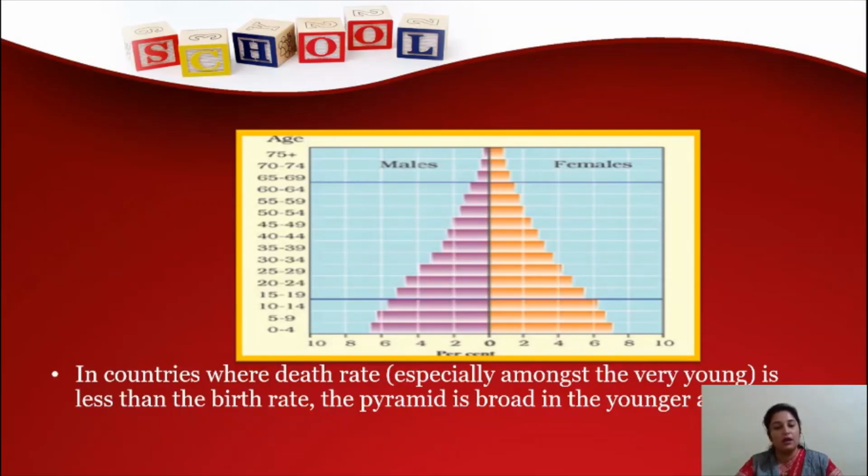All right. So in countries where the death rate, especially amongst the very young, is less than the birth rate, the pyramid is broad in the younger age groups. That means that from this we can say that the children who are born are able to reach their youth. All right, we have a lot of young people in this country.